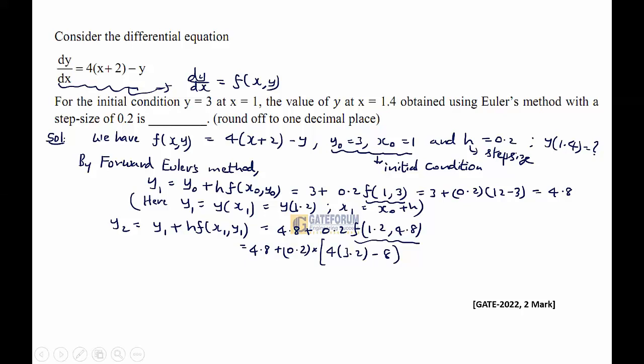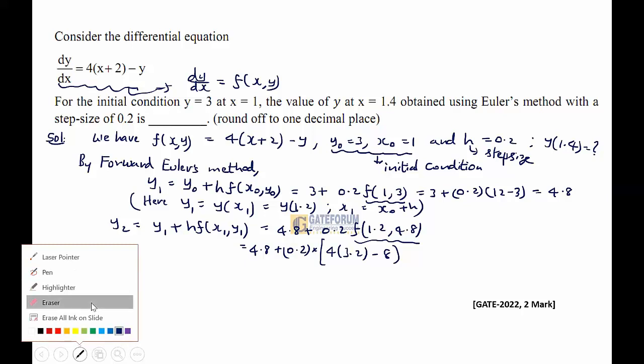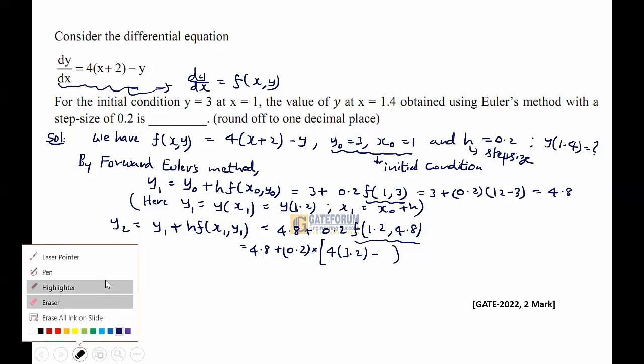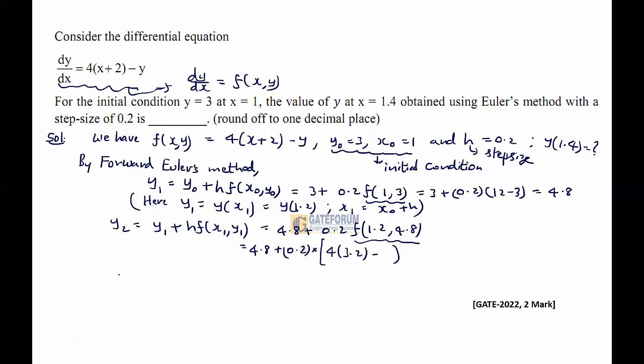This is 8. 8 into 0.2 is 1.6. So this simplifies to 4.8 plus 1.6, which is 6.4.